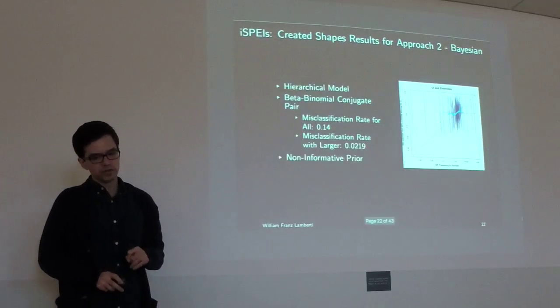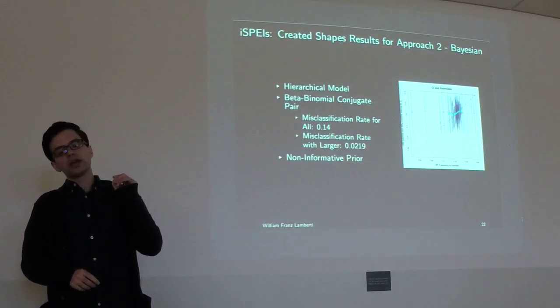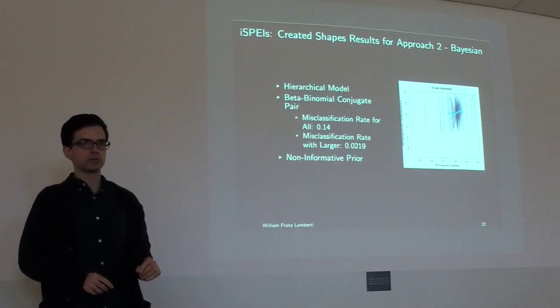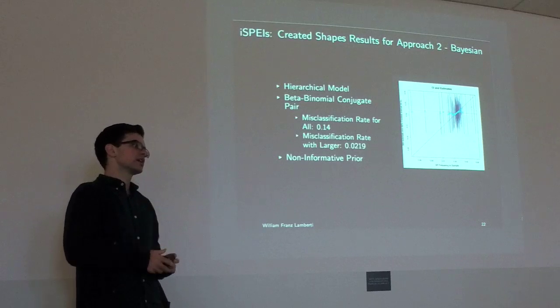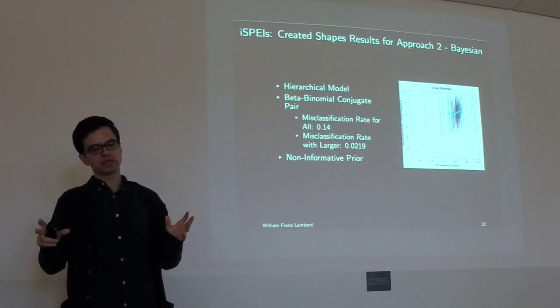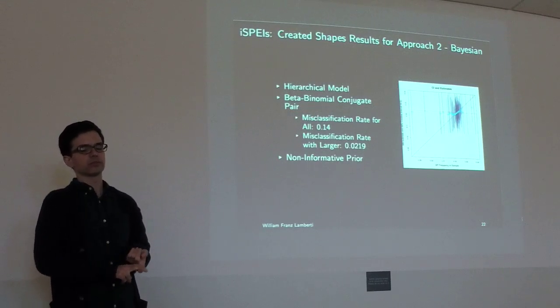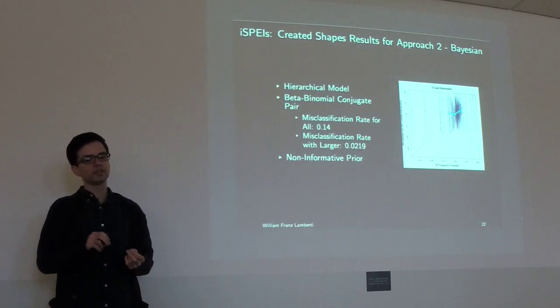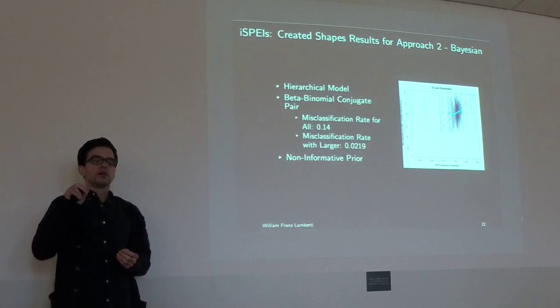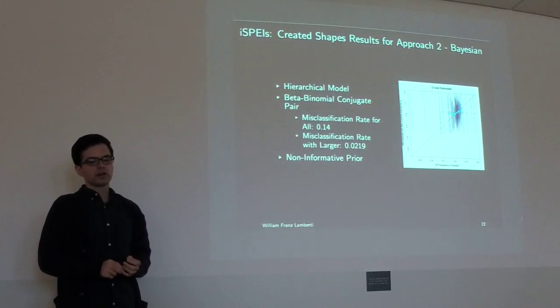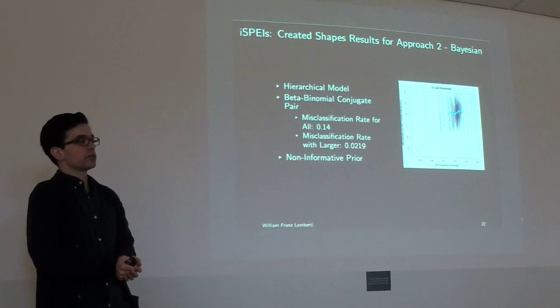Now let's try and do this. If I assume a binomial distribution and I use a hierarchical model where each resolution is its own setup, basically, of a beta binomial conjugate pair. If I use that setup, I will get a misclassification rate of about this exact same using all the data.